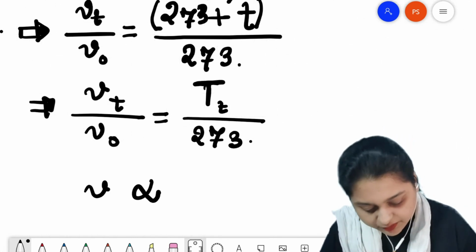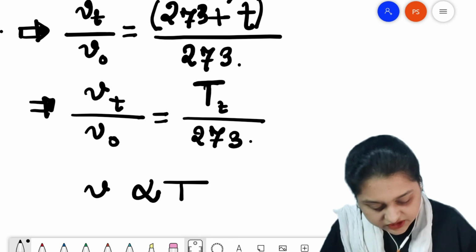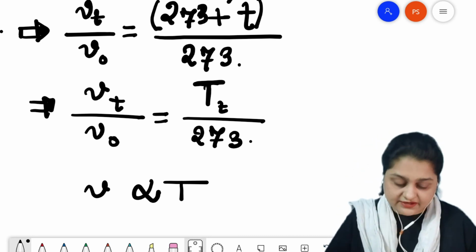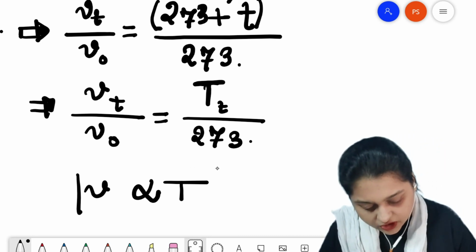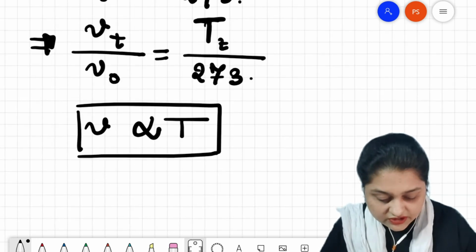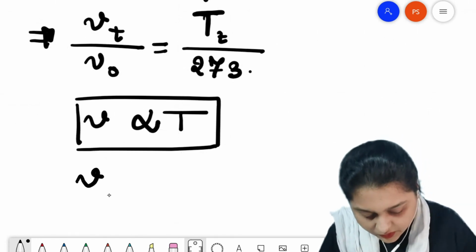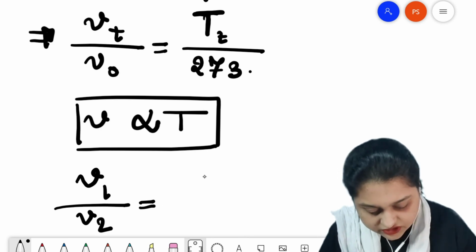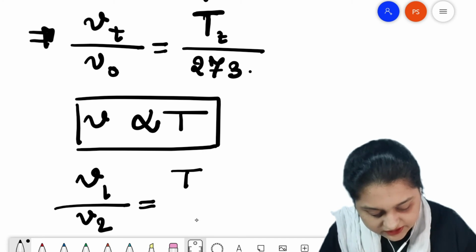Or V is directly proportional to T on the Kelvin scale. This is the alternate mathematical equation for Charles law, which can be written as V1 by V2 equals T1 by T2.